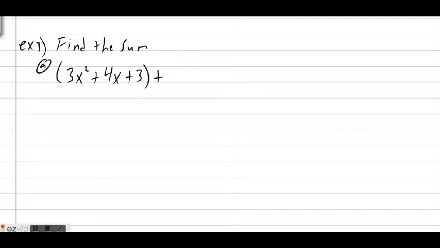You'll notice that first polynomial, or trinomial, because there's 3 terms, is in standard form. This one is not in standard form. The second trinomial is not in standard form.